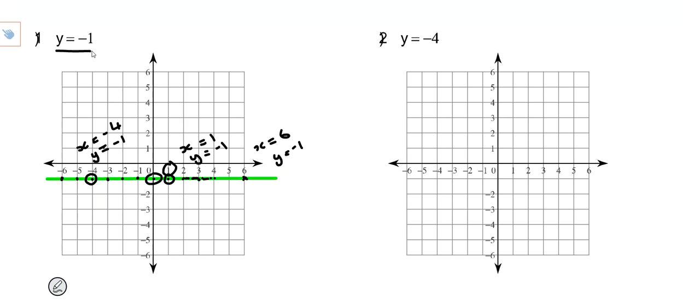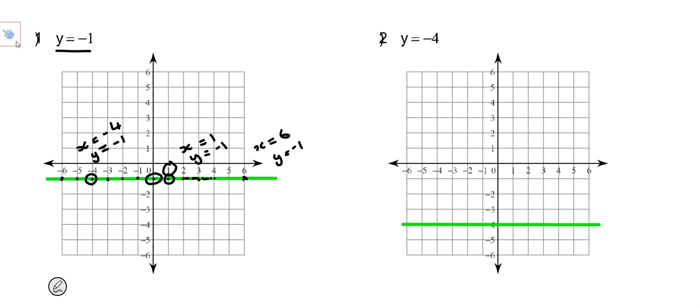Now, as soon as we have the x coordinate changing what the y coordinate will be, the line will be what? Diagonal across the page, and we'll have something with y equals x something. So for this one, y equals -4, we just know that every coordinate is x, whatever it is, but y has to be -4.